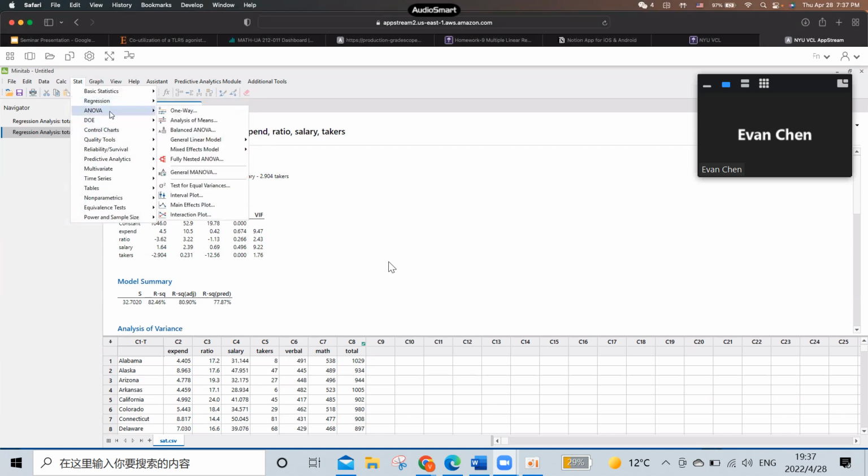Wait, this is F test, right? ANOVA. It's kind of different. ANOVA is like a t-test for 3 or more groups. We studied the 2 sample t-test, and the formula is pretty complicated if you want to calculate the denominator.